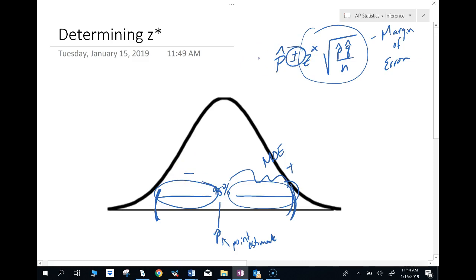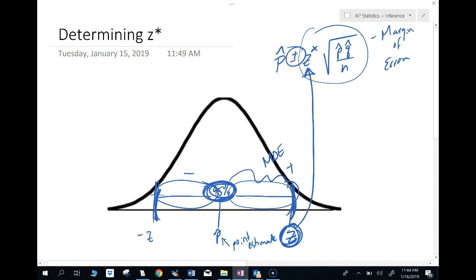How far out do I go to be 95% confident? Well, what tells me that 95% of the population is in between these two values? That is a Z score in the normal model. So the Z that corresponds to 95% confidence is what Z star represents.